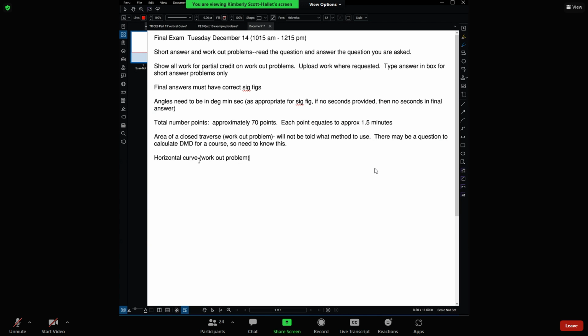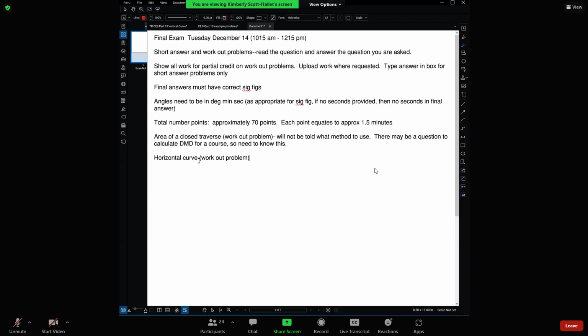You're going to be given a horizontal curve problem. Again, that's going to be a workout problem. It will be no more difficult than what you had on your homework.